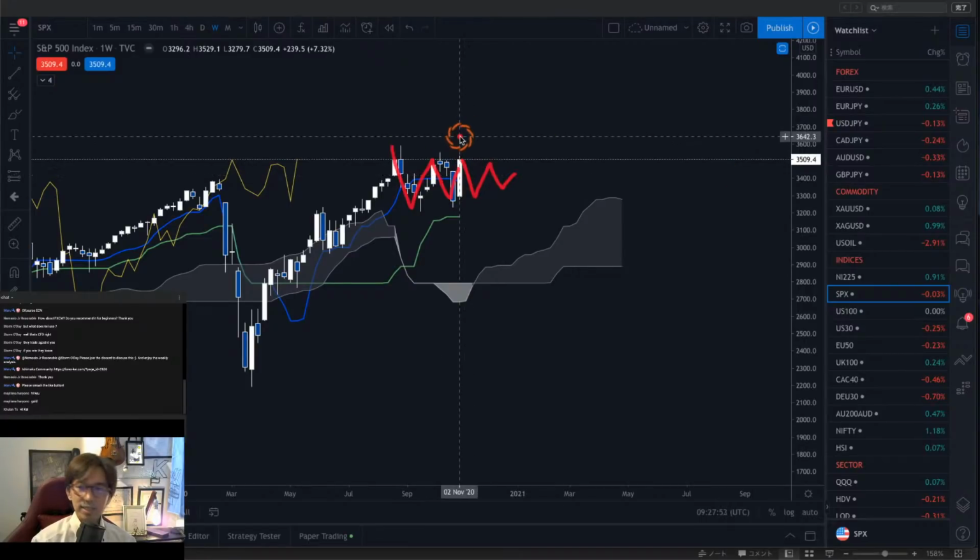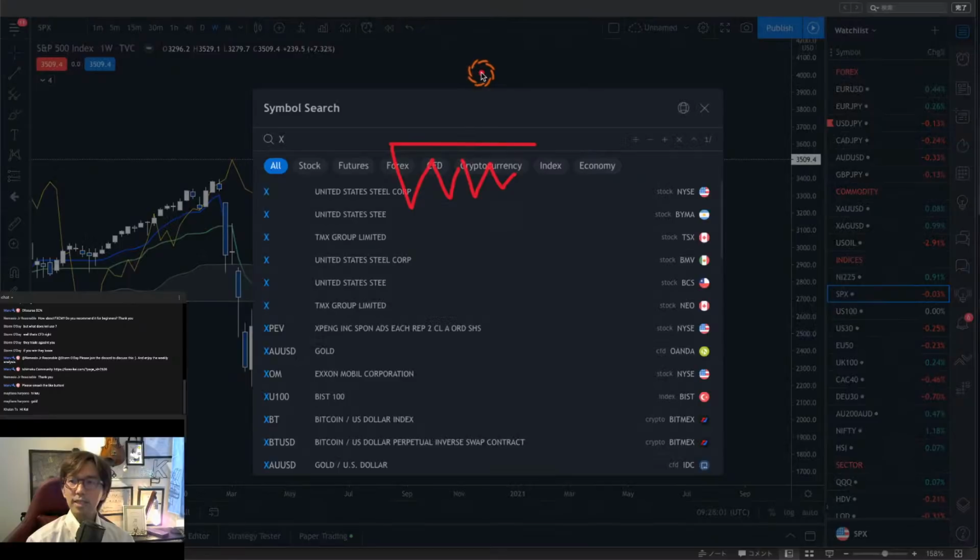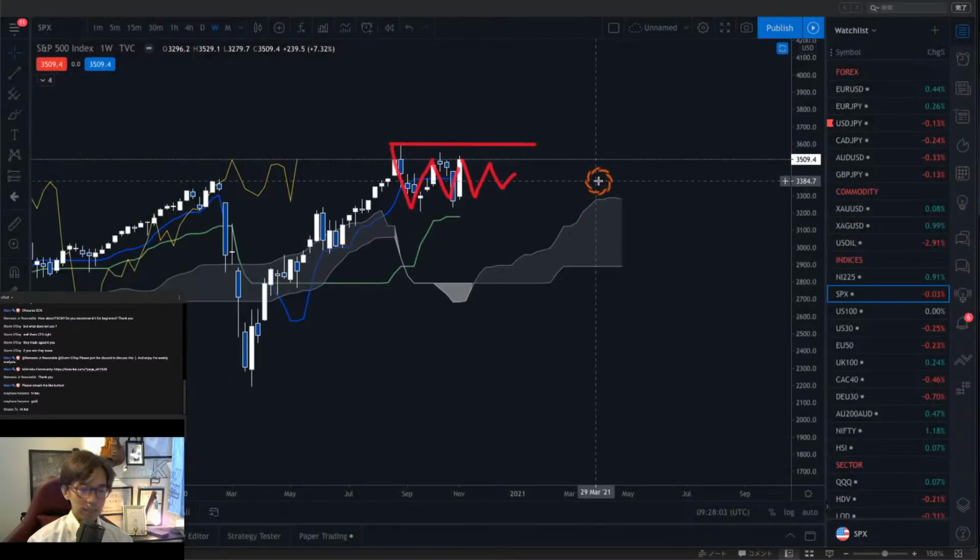Unless the market breaks the recent high upwards this way, you better wait to look for the buy chance. I can see that the Senko span A is retracing backwards now. So yeah, this is not really the best timing to look for a buy chance yet as per the weekly chart.